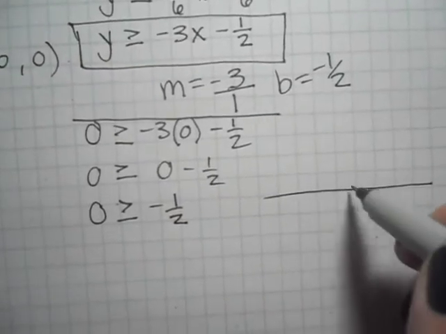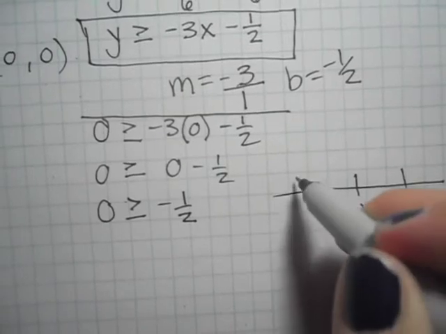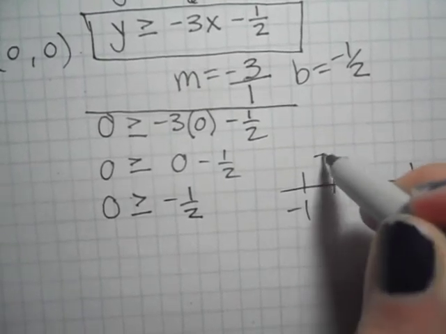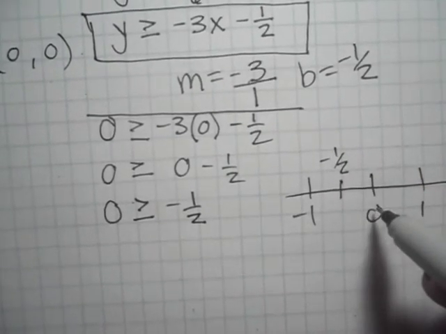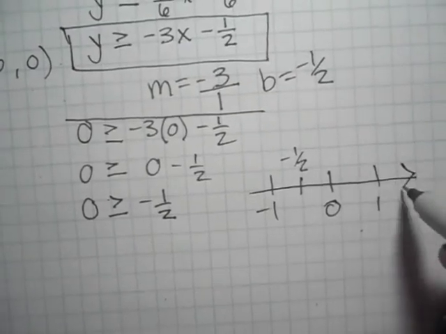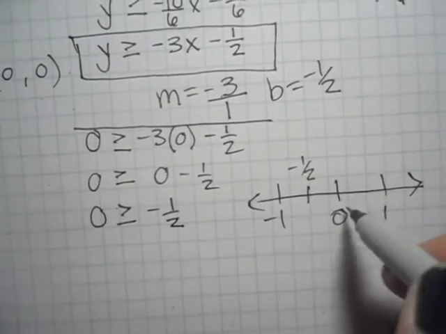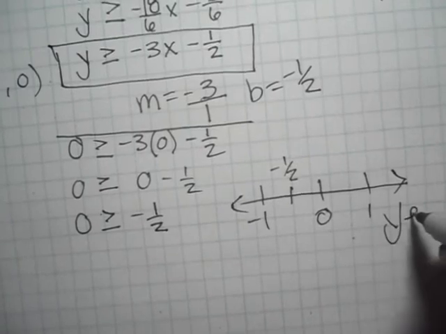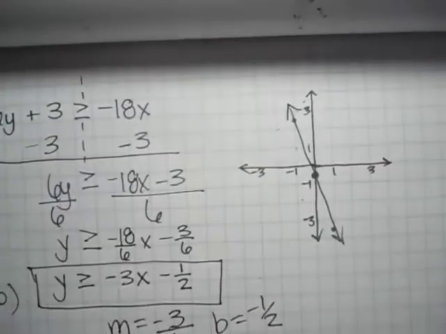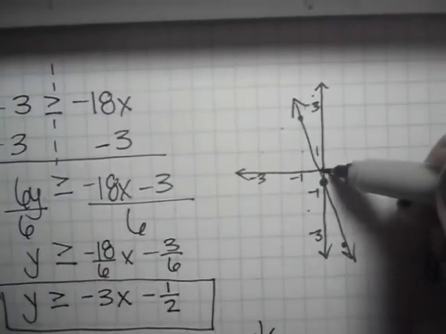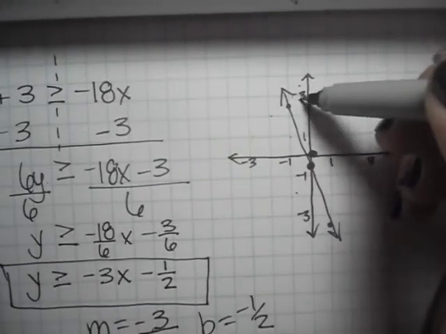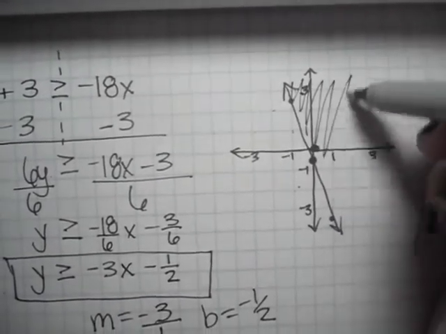Think about the number line. Here's 0, here's 1, here's negative 1. Negative 1/2 is here. Is 0 greater than negative 1/2? Yes, it is. Okay, so the side of the line that has our test point, 0, 0, we are going to shade that side of the line.